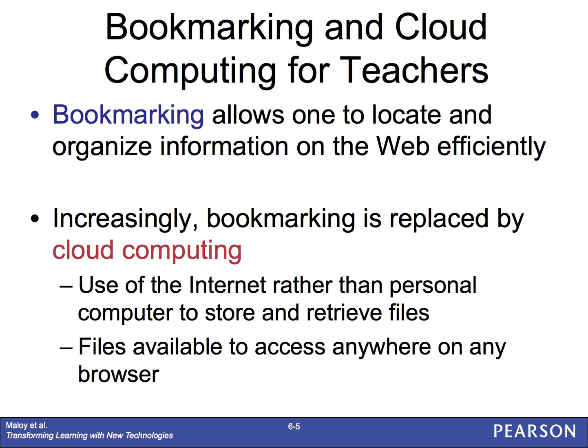But the thing that we're doing now is called cloud computing, and there are different types of cloud computing. Essentially, I look at a cloud as a storage unit. We have these things called thumb drives or jump drives.